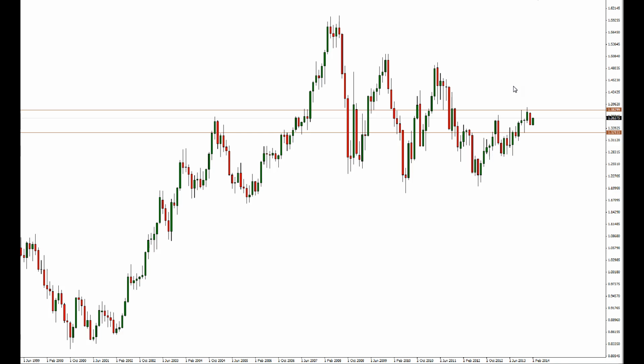Of course, two opposing pin bars, if we put them together, give us a doji. Here it is.